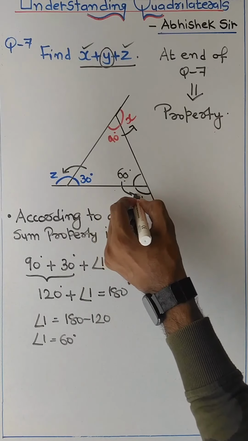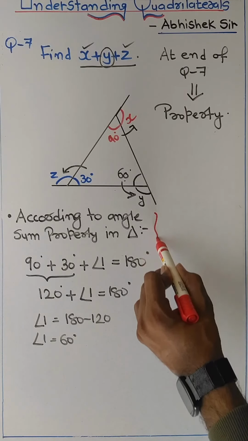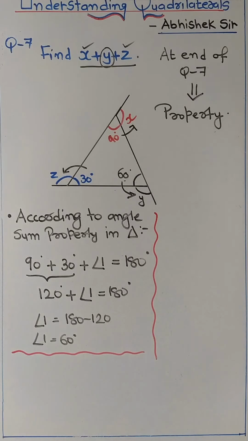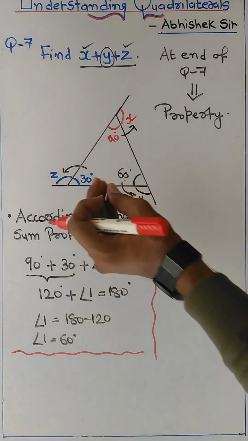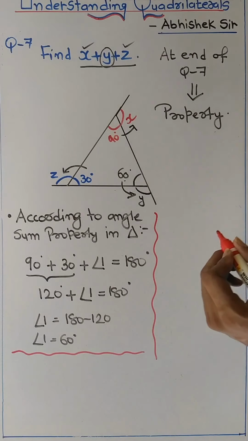Now you see, to find out angle y, you can use linear pair property, right? So let us apply linear pair property to find out x, y and z. But what we will do is, we will be finding it in very short, right? Because you have been studying linear pair property, you only have to subtract the angles from 180, right? So to find z, let us make a linear pair property for x.